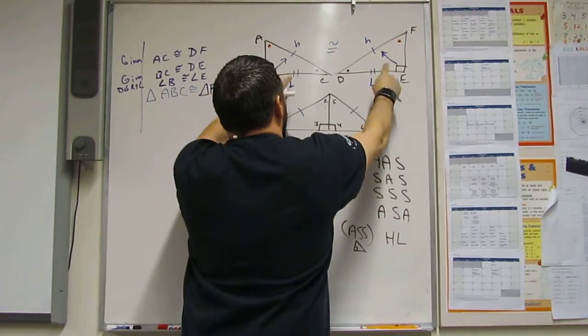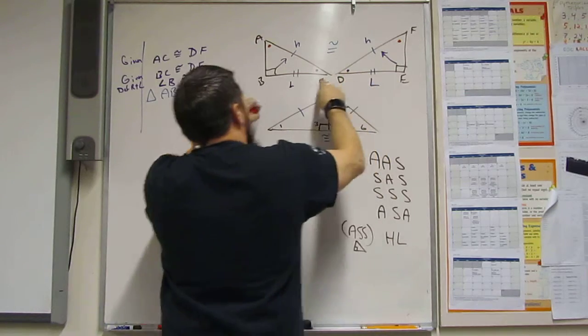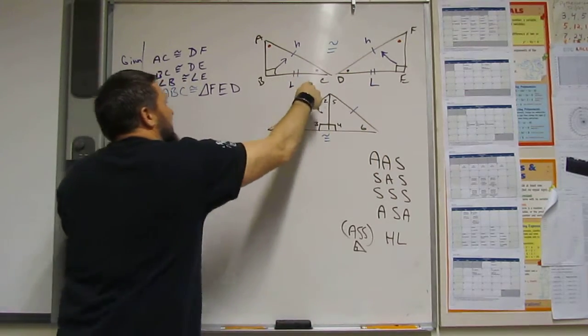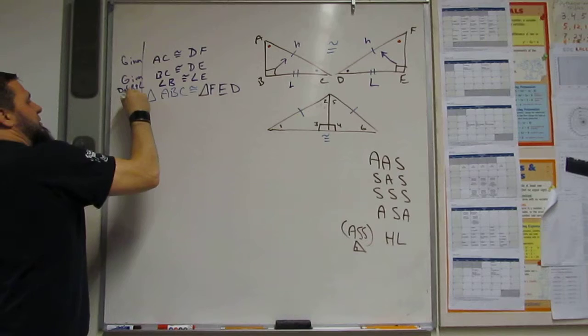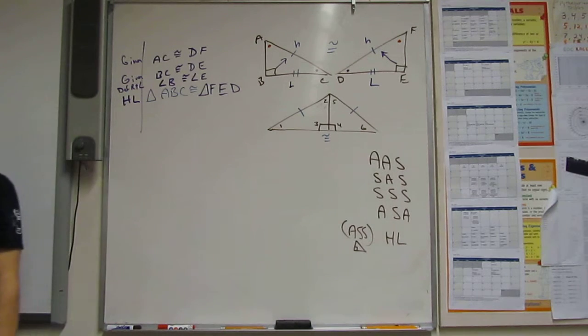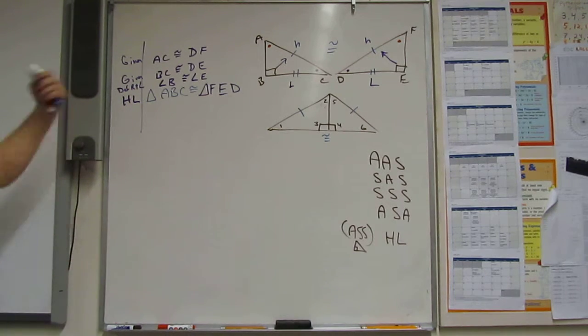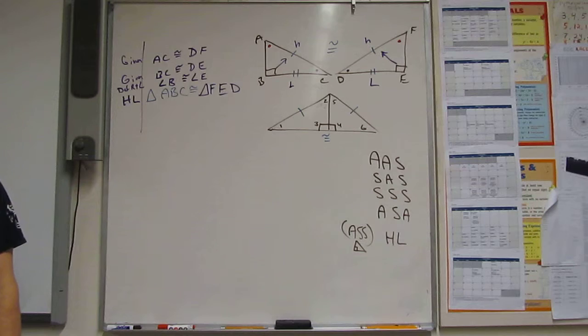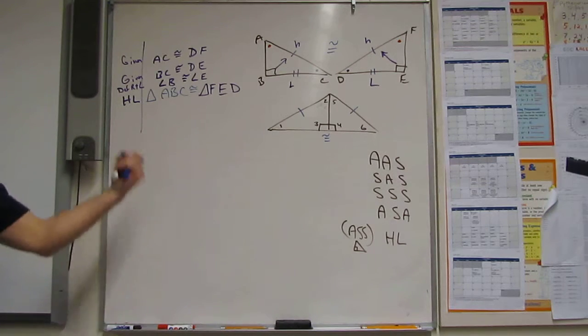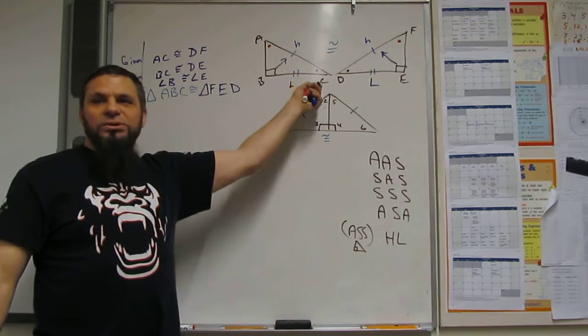So DE is congruent to BC. So we have what's called hypotenuse leg. Okay? And that's how we would prove that. Now, all I'm asking from you on the test, you have to do one proof. The rest of them is, tell me what's going on here.